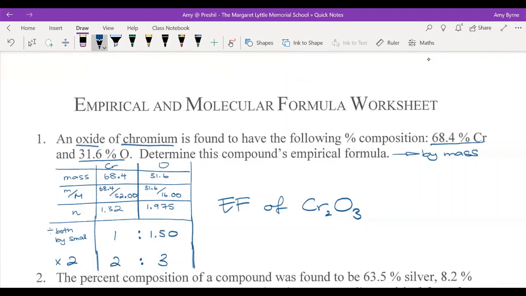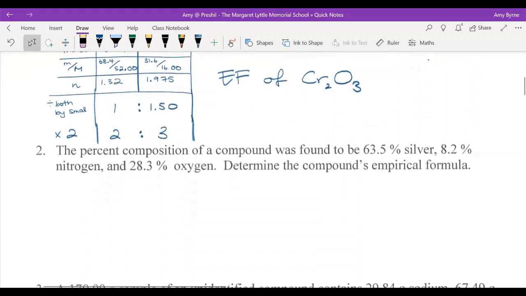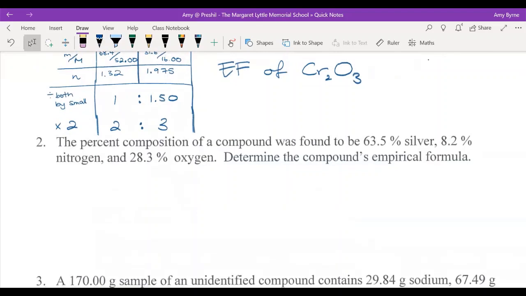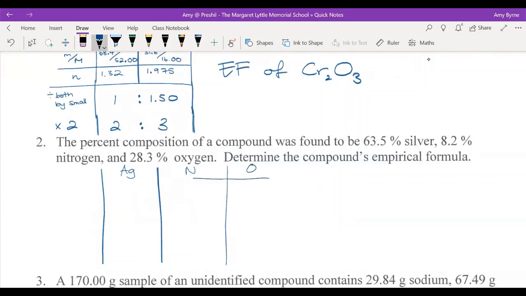Let's do the next one, because hopefully you can see that my pattern is exactly the same. So I have silver, nitrogen, and oxygen. My table is a bit bigger this time. I start with my mass. It is 63.5% silver, 8.2% nitrogen, and 28.3% oxygen.